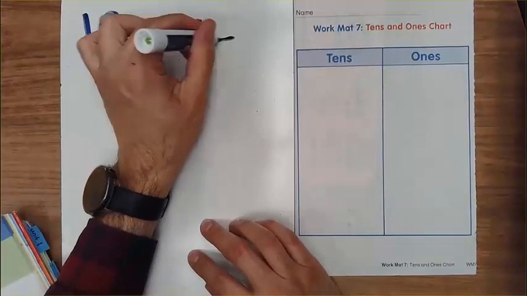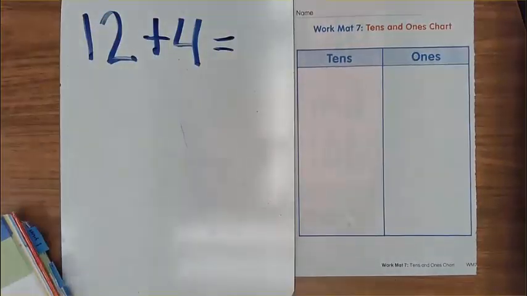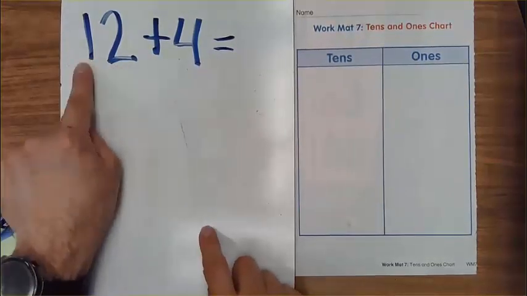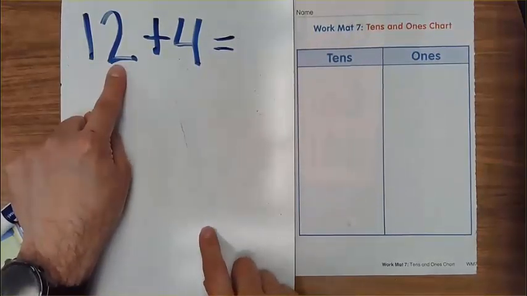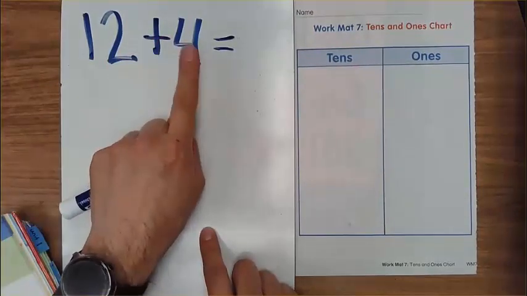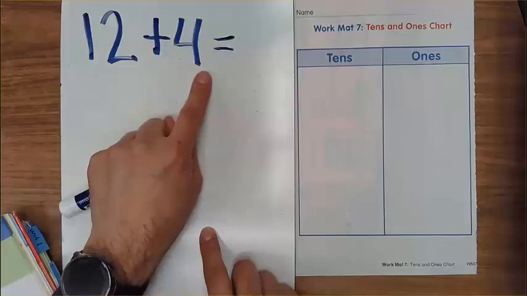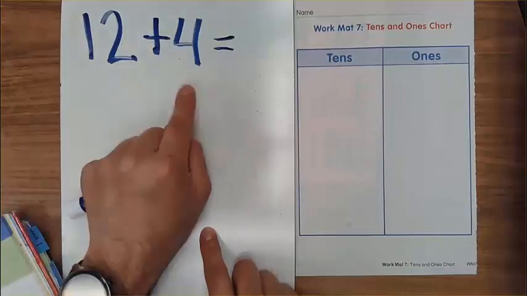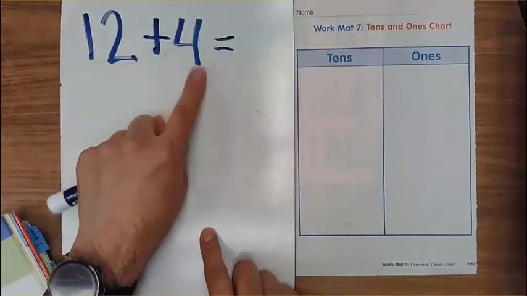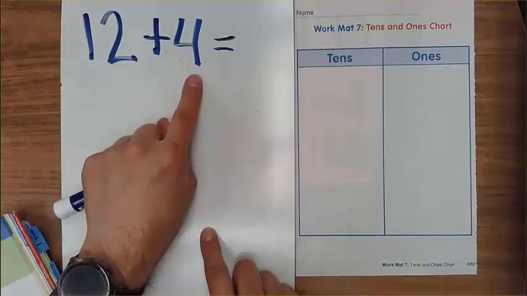Well, I have a problem that looks like this. I have one number that has 2 digits, and I have another number that only has 1 digit. So now I have to figure out, how am I going to add these numbers?